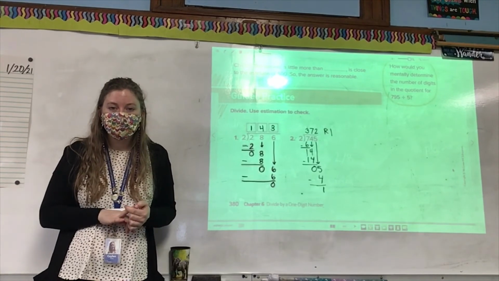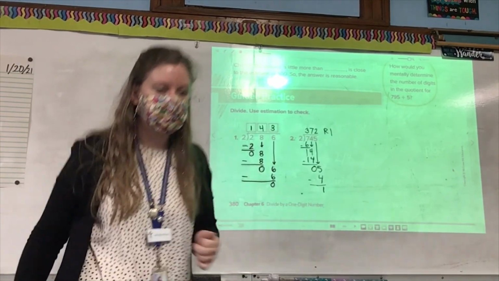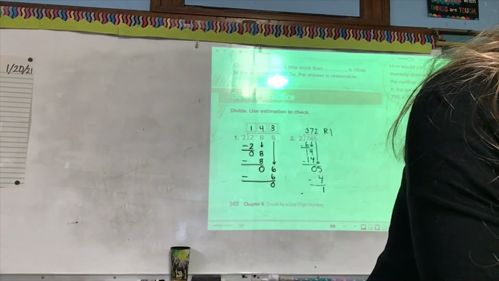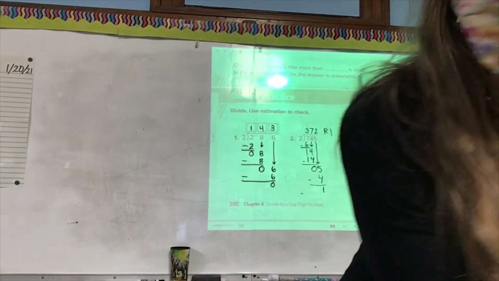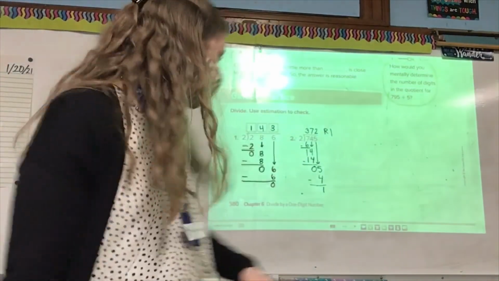Yes, Smith. Do we need a separate sheet of paper for any of this? You do need a separate sheet of paper for the back of the independent practice, and then for numbers 7, 8, and 9 on the homework. I'll write that on the board.